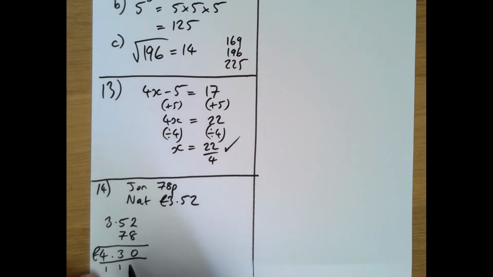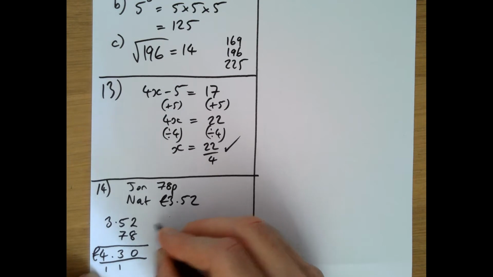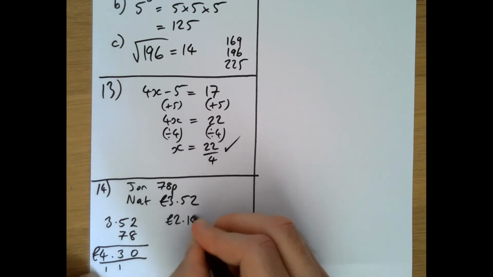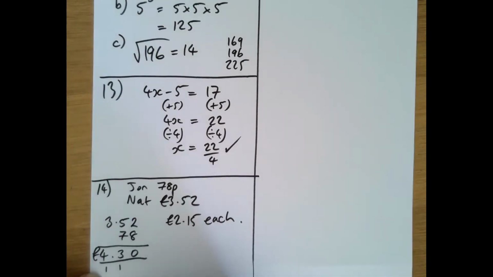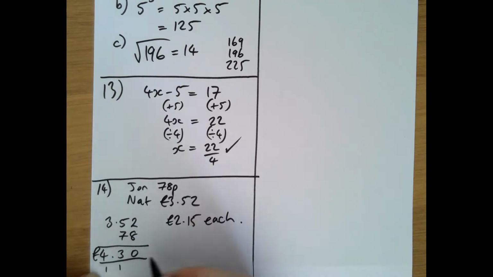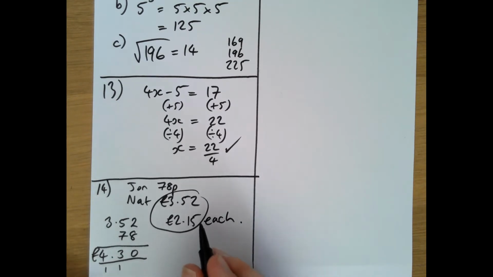For them to both have the same amount of money, they must have half of that, which is going to be £2.15 each. So how much does Nat have to give? We need to work out the difference between these two. I'm going to work up, because that's just how I do it. There's 100 pence in a pound, so I'm going to need 85p to get to £3.